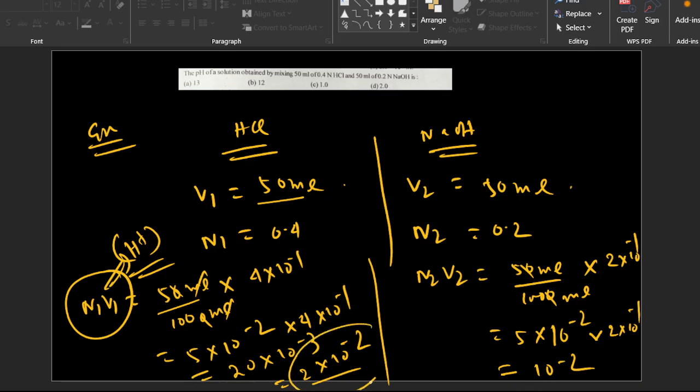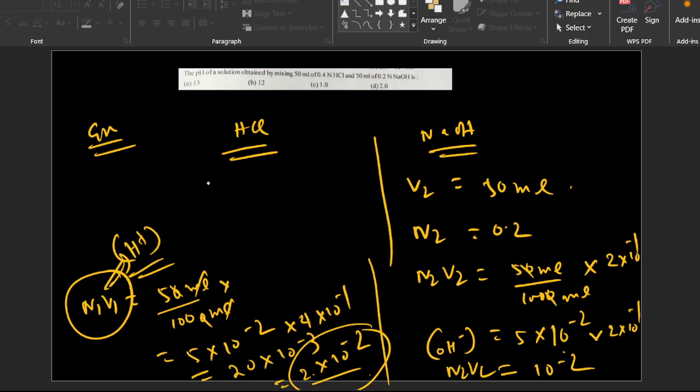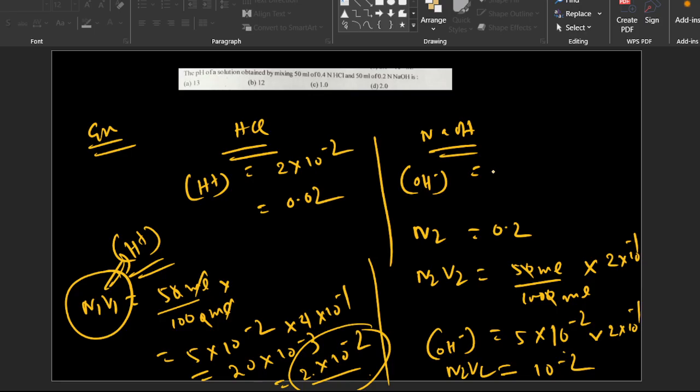N2 V2 means the OH minus amount, and N1 V1 is the H plus amount. So which is more? The H plus amount is 2 into 10 raised to minus 2, that is 0.02, and the OH minus amount is 10 raised to minus 2, that is 0.01.